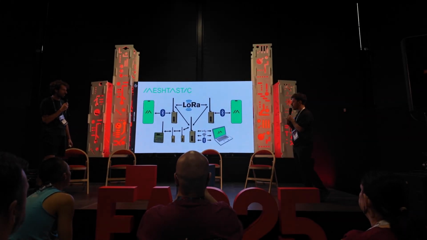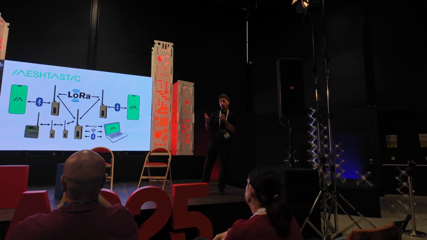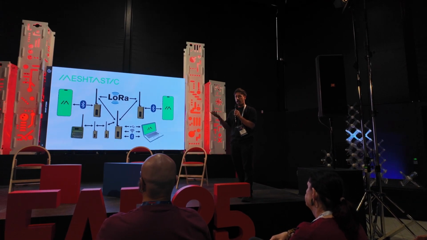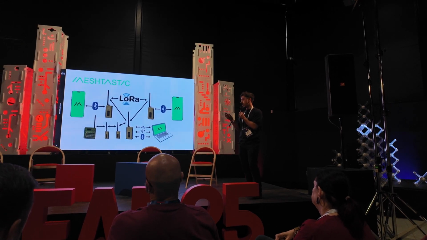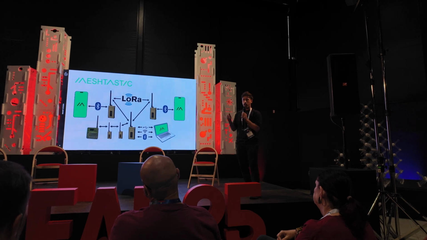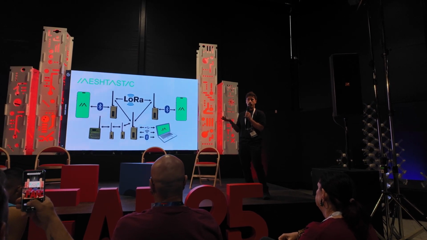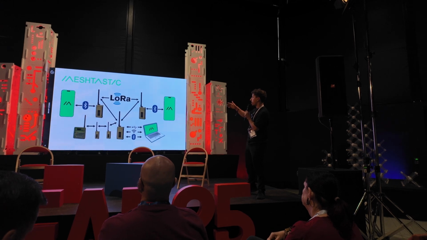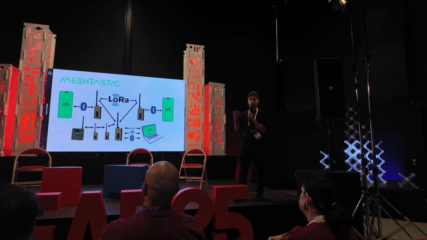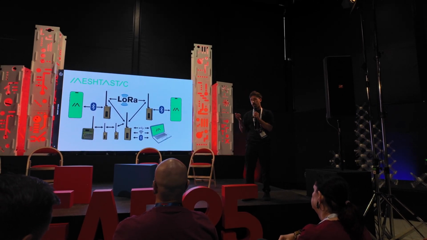Meshtastic is a decentralized off-grid communication protocol. Basically, you have devices that are able to talk LoRa, so the communication between devices can happen over long range with radio. Different areas of the world have different frequencies, but for instance, in Europe, we run on 868 megahertz.